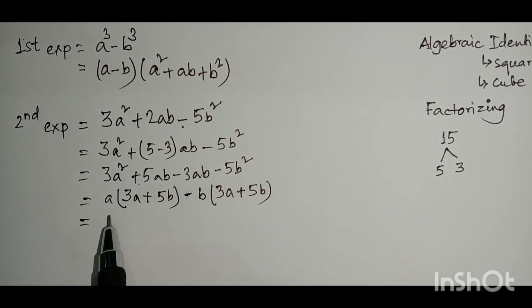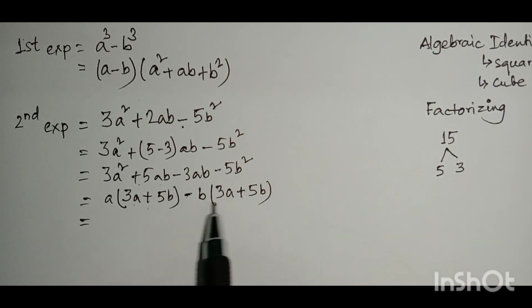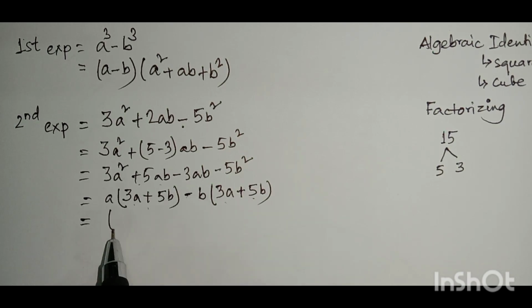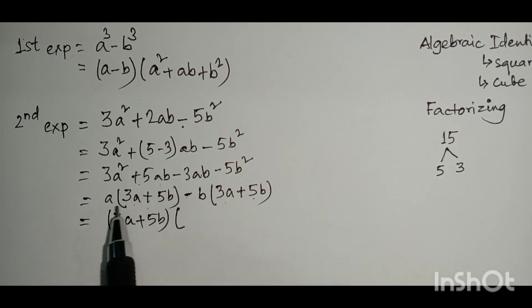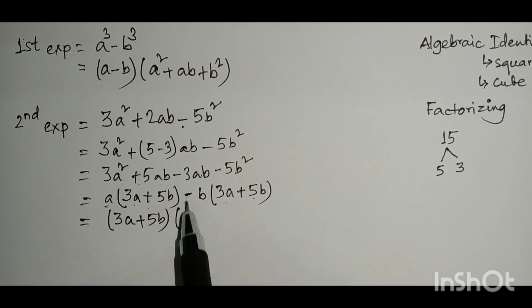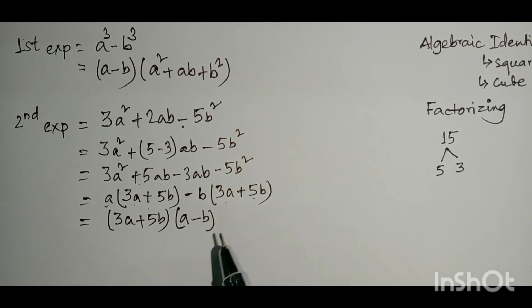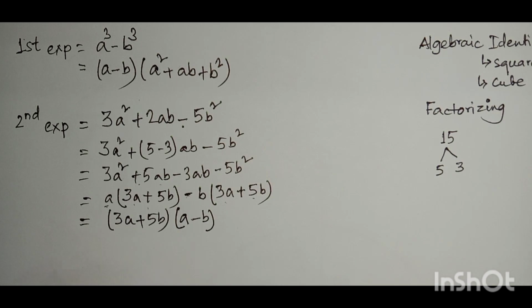So here we can see that 3a plus 5b and 3a plus 5b in both the brackets. So take one of the two, 3a plus 5b, and in the bracket the leftover is a minus b. So this is our second expression.